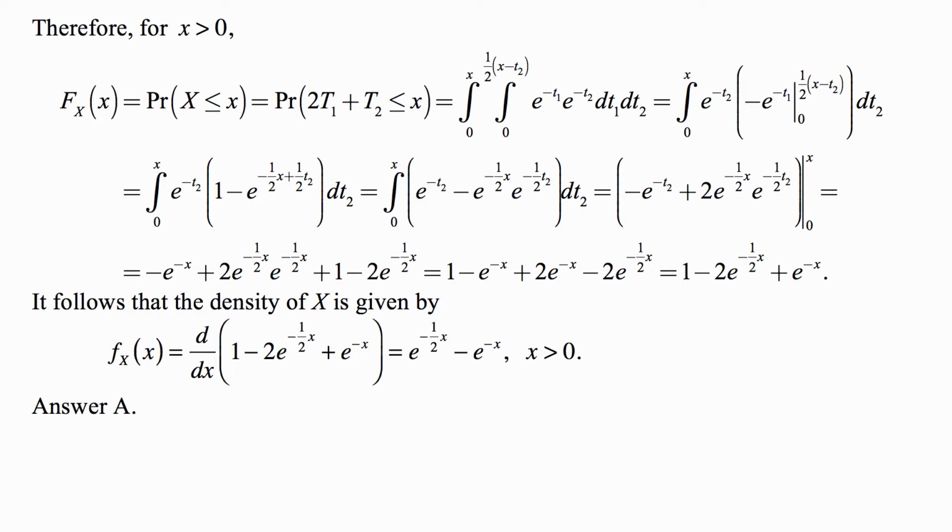And we calculate the integral of this quantity multiplied by e to the minus t2 from 0 to x with respect to T2. So it's the integral from 0 to x of e to the minus t2 minus e to the minus 1/2 x times e to the minus 1/2 t2, dt2. And we now calculate the integral of that expression, which will be minus e to the minus t2 plus 2 times e to the minus 1/2 x, which is a constant with respect to T2, times e to the minus 1/2 t2.